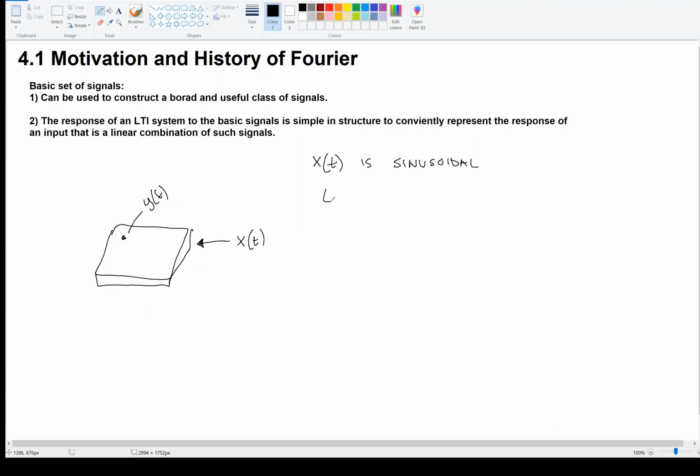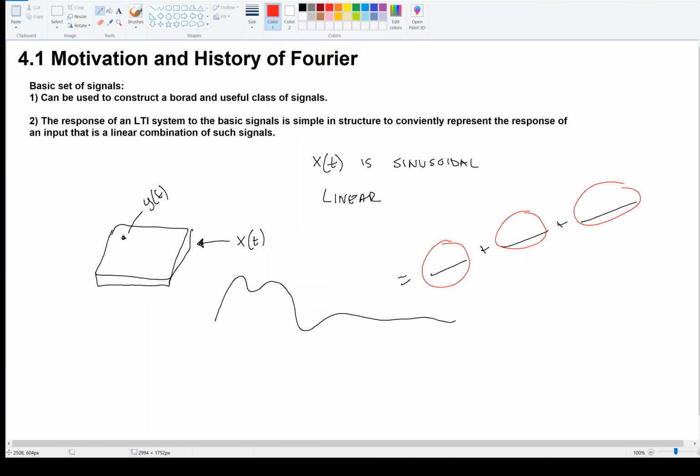Fourier also knew that this equation was linear. The heat plate equation, that is, was a linear equation. So that means that if you could express other signals that are not sinusoidal, maybe like this one, as a sum of sinusoids, then maybe this signal is some sinusoid plus another sinusoid plus another sinusoid, then you could find the solution for each sinusoid separately, and then add them all up, because that's linearity, and thus you would have the solution due to this composite signal x of t.